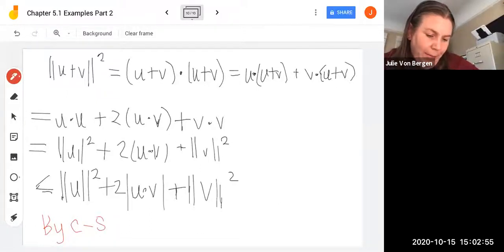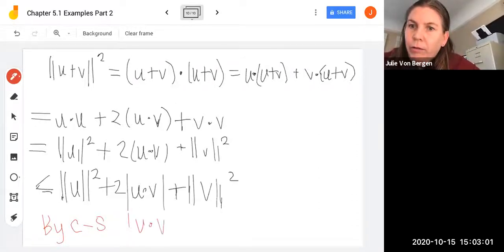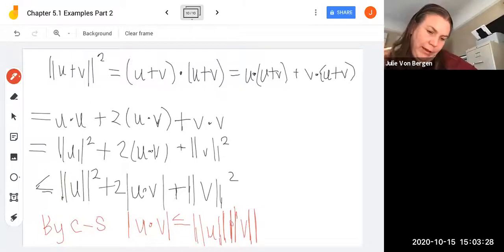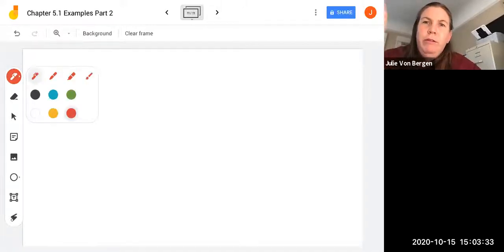We know that the absolute value of u dot v is less than or equal to the norm of u multiplied by the norm of v. All right, so now let's plug that into our proof here with the less than or equal to's.